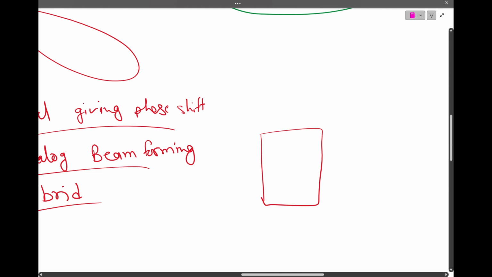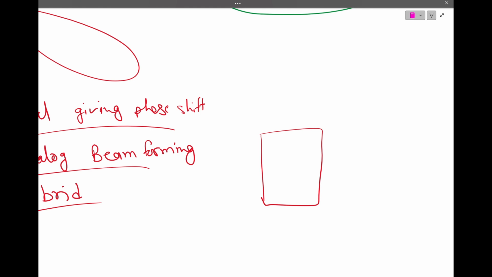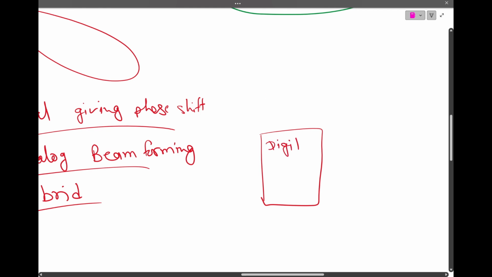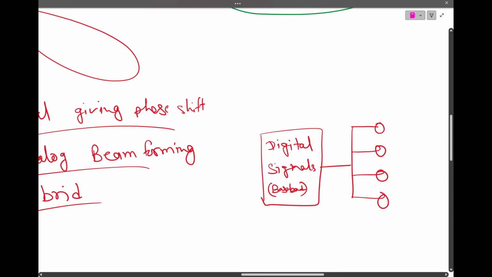Digitally means, okay, first let's say analog. Okay, this is our digital, these are all digital signals, basically baseband. And like we have just seen in similar diagrams, these are fixed phase shifts given. These are 4 antennas and these are phase shifts, and this is an RF chain.